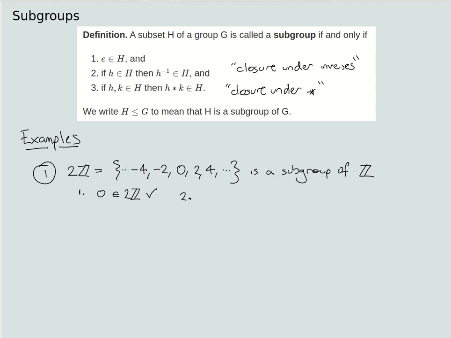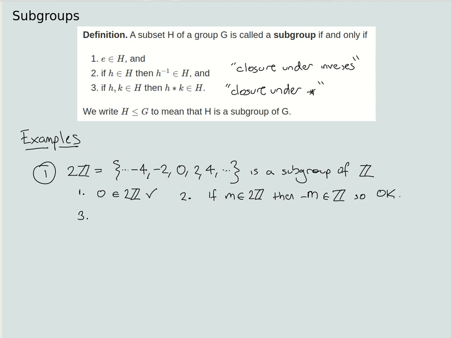If m is in 2ℤ, then -m is also in 2ℤ. The elements of 2ℤ are the even integers, and if m is even, then so is -m. So we've passed condition 2.